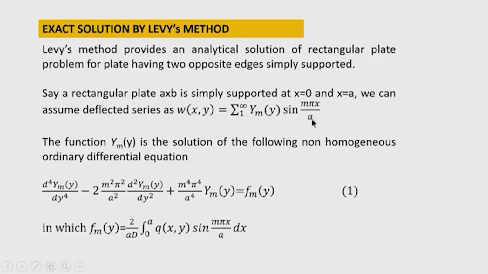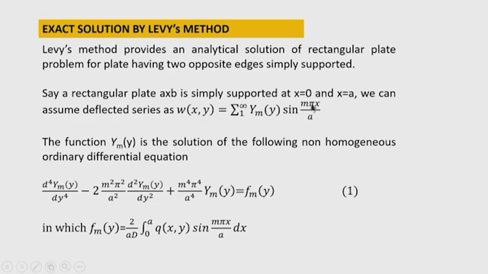It is sin(m pi x by a) because the edges x equal to 0 and x equal to a, that means the edges parallel to the y axis, are simply supported. Therefore a sine function is taken. Taking the sine function renders the boundary conditions satisfied at the x equal to 0 and x equal to a edges: the curvature along the x direction is 0 and the deflection is 0 at those edges.